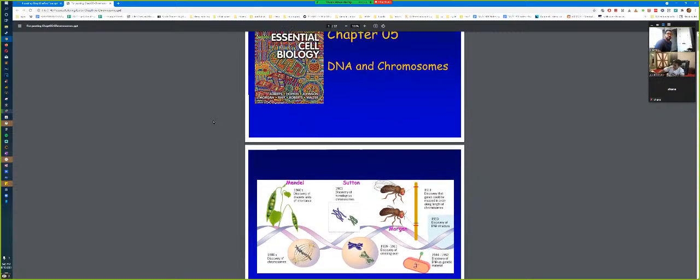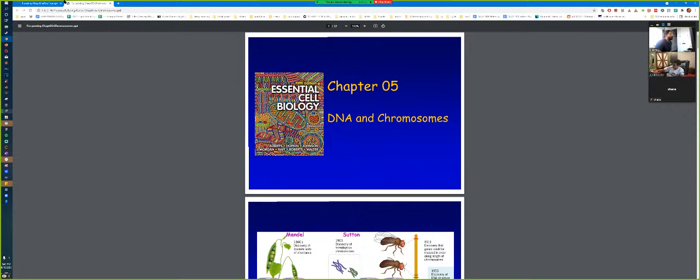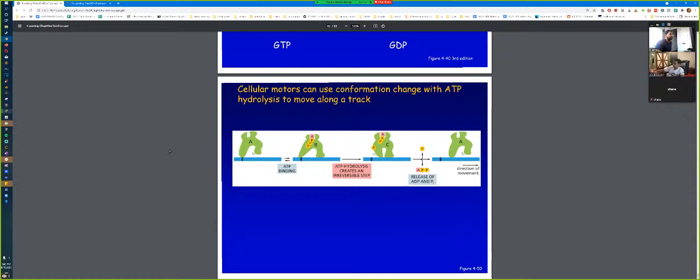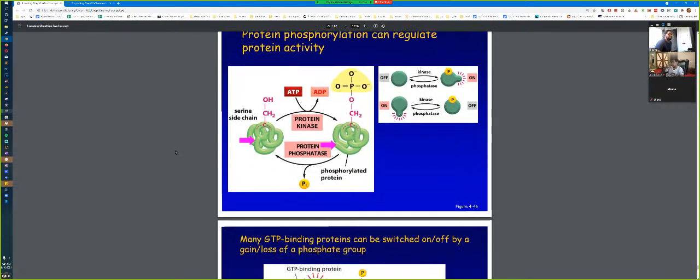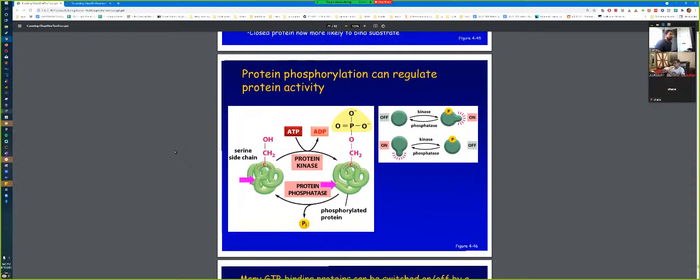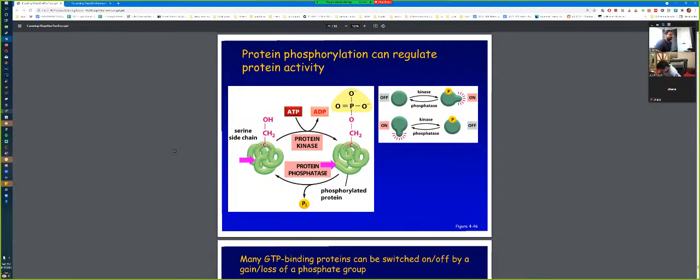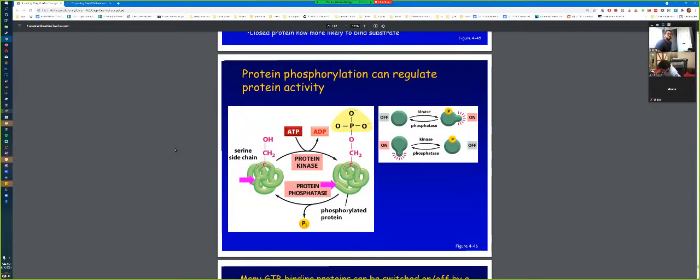Wait, just to finish off the last one, anything worth noting towards the end? Just essentially that phosphorylation can affect the activity of a protein. Phosphorylation affects activity of a protein? Yeah.